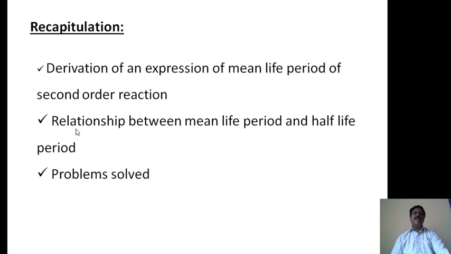The second one is the relationship between mean life period and half life period of a second order reaction, and we also solved some problems on this. So far you have understood, okay. Therefore I will ask some questions, please answer them.